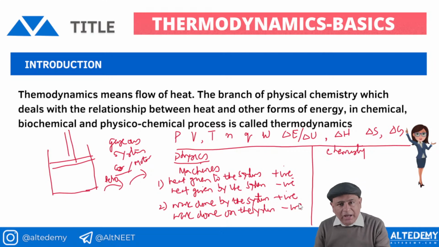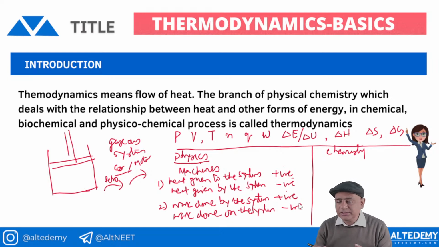And why are they doing it? That matter should also be very clear. They have a machine in their mind, and the way a machine behaves, their thermodynamic conventions have come accordingly. If we put some energy into a bike or a car in the form of petrol, then it starts giving work. So heat given to the system we call positive, work done by the system we call positive.